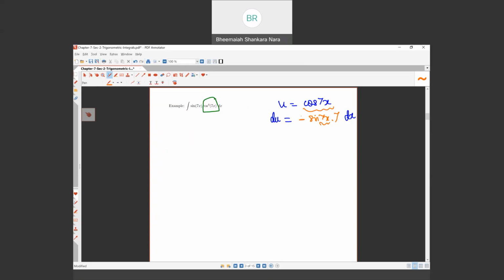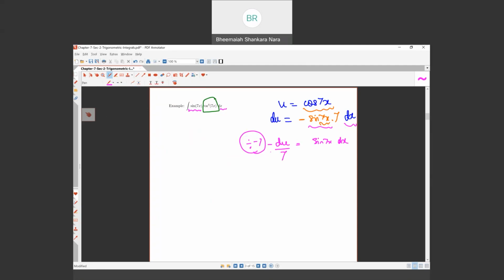Now, if you carefully observe the given integral, all we have is a sine 7x here and a dx. That's these terms here, sine 7x and a dx. So keep this sine 7x dx on the left and move all the other terms to the right, which means you will divide by negative 7. As soon as you divide by negative 7, the terms look like this.